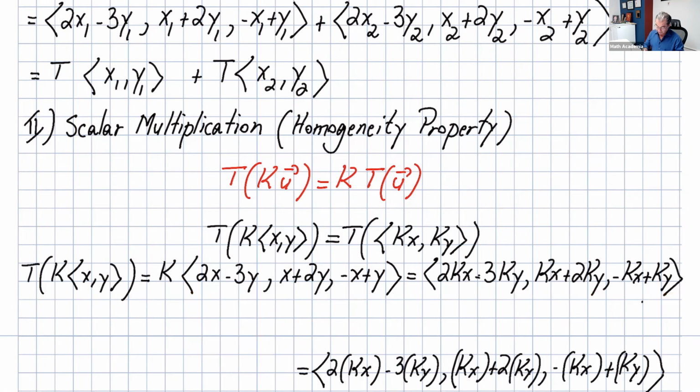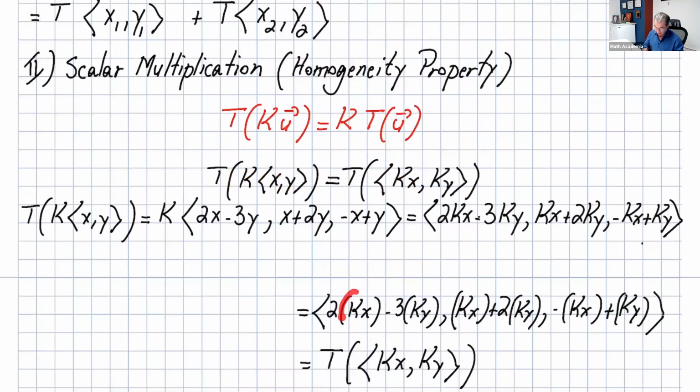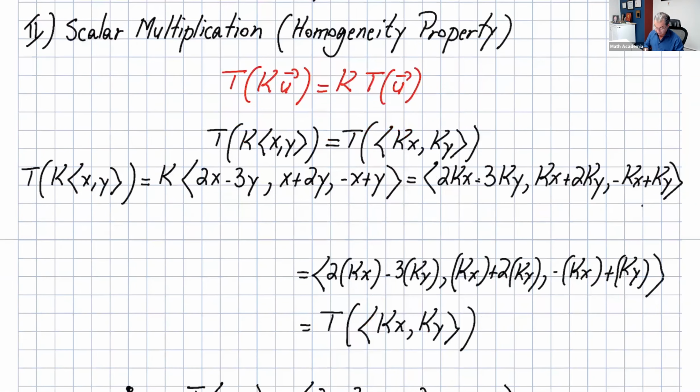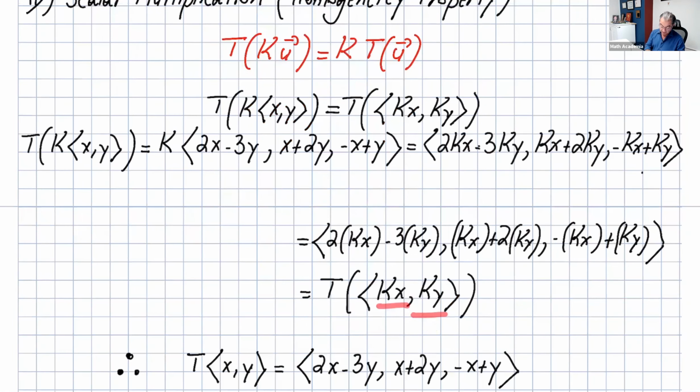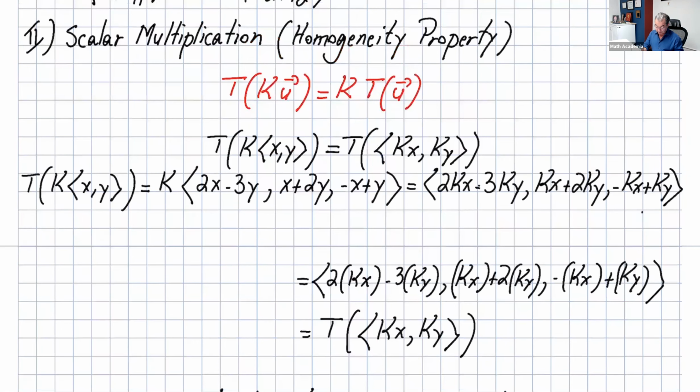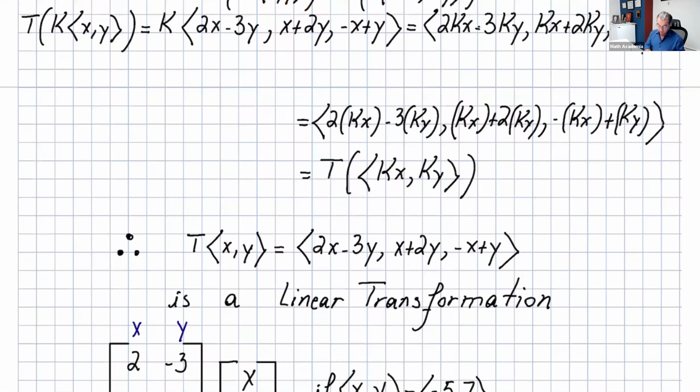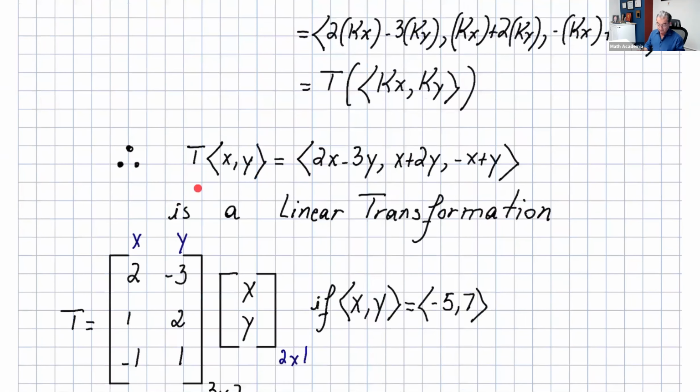Then if I separate this, here we have kx, ky, kx, ky, kx, ky, and that's just T of (kx, ky). So T of k(x, y) is the same thing as T of (kx, ky). So scalar multiplication, or the homogeneity property, is also satisfied. So you can say this is a linear transformation.